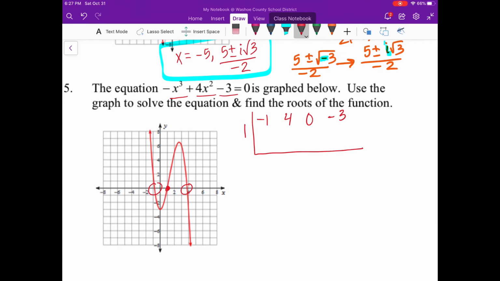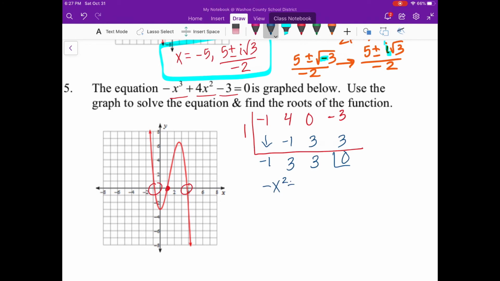And so that's how you know that you're wrong, right? Because when we're solving, we are giving you roots, solutions, factors to divide by, so your remainder should be 0. So here I go, bring down the -1, multiply, add, multiply, add, multiply, add, remainder 0, that's good.